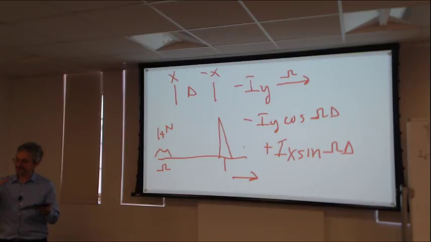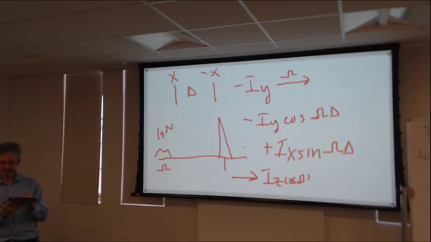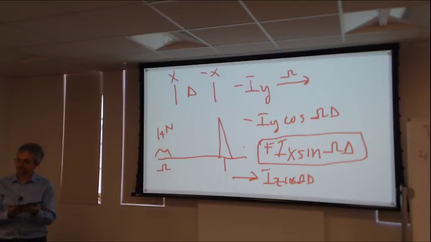Using my fingers along the minus X axis, and my thumb along the minus X axis, my fingers on the minus Y axis, it rotates to plus Z. So I end up with IZ cosine omega delta, and nothing happens to the IX. So my transverse signal is proportional to IX sine omega delta.